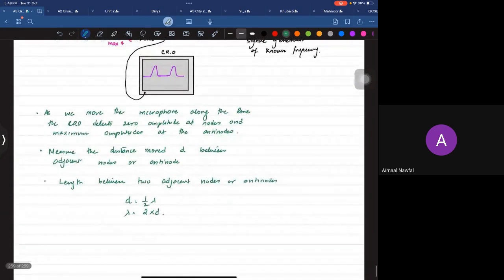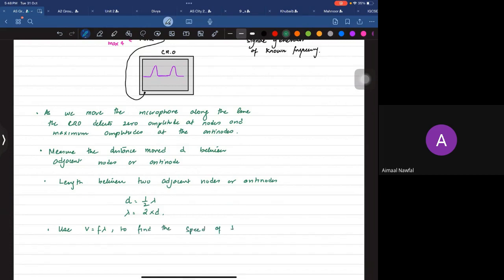Then use v equals f lambda to find the speed of sound, where f is the frequency of the signal generator. Is that clear, everyone?